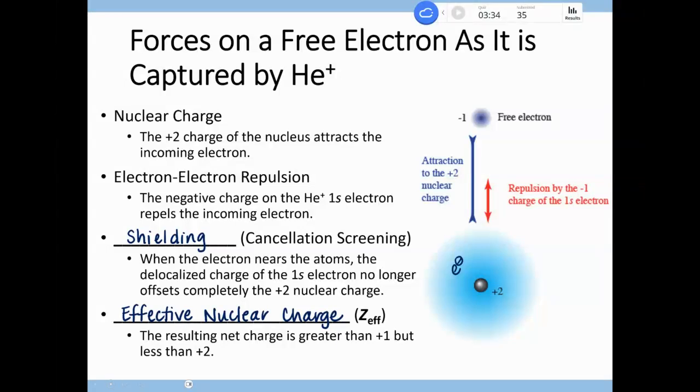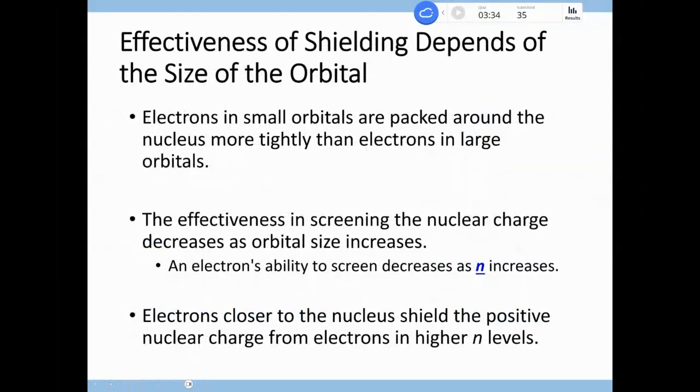The shielding effect and effective nuclear charge will help us understand trends in ionization energy. So we'll talk a little bit more about shielding. This depends on the size of the orbital. Electrons in smaller orbitals that are packed around the nucleus, closer to the nucleus, cause more shielding to the outer electrons.